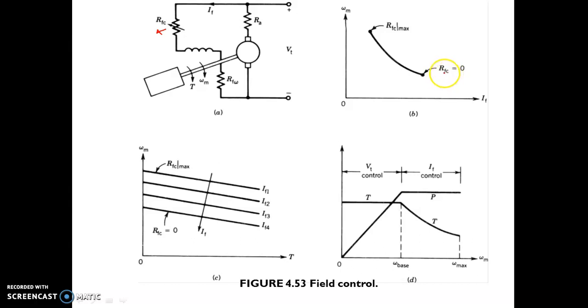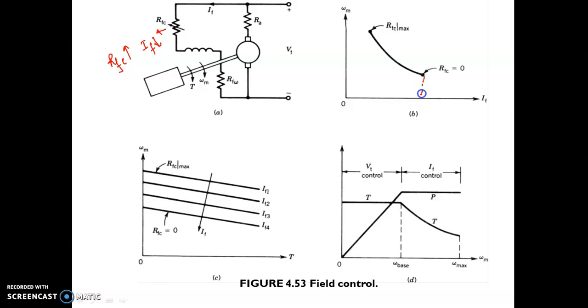Here this is RFC, the field control resistance, which varies from 0 up to maximum. If the field resistance RFC is high, then IF will be low, its value will decrease. This graph is showing that.